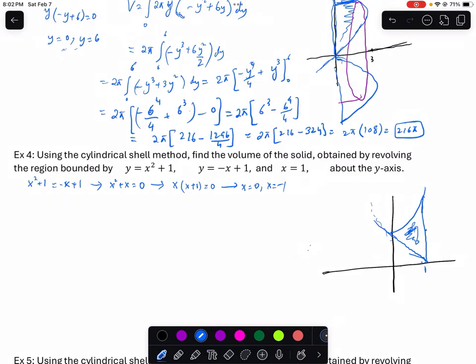So our v is going to be integral from 0 to 1, 2 pi r. So this is revolved about the y-axis. This is the shape we are getting.